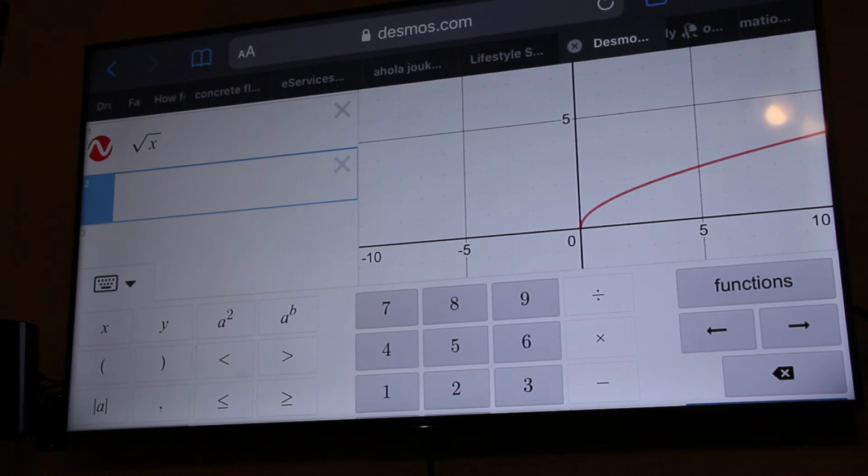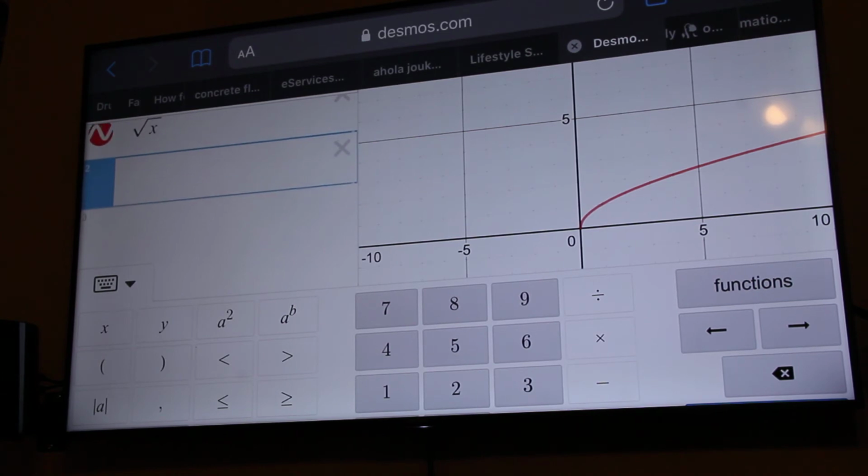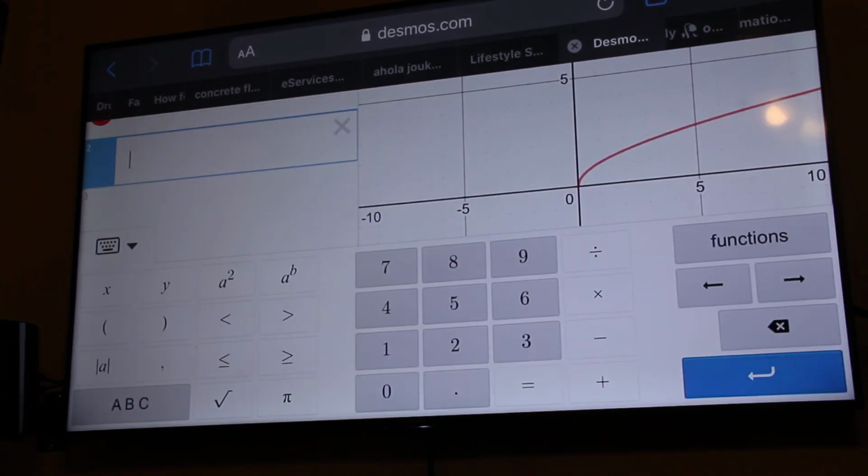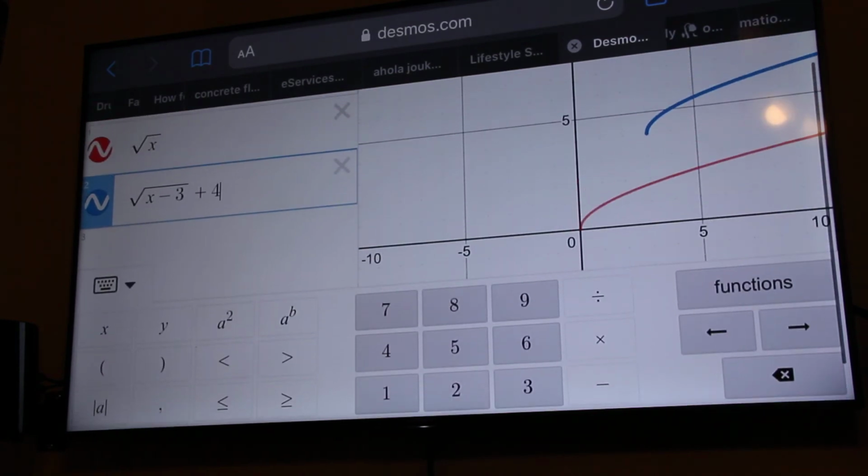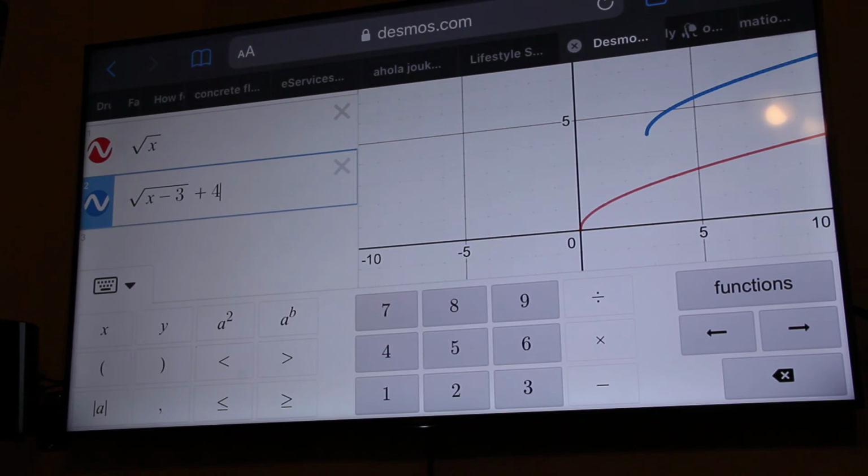Now in the next one, let's say I want to graph the square root of negative... I can't do that. Hold on. Sorry, let's go back to the other equation. If I wanted to graph the square root of x minus 3, and then on the outside plus 4, there's my graph now. See that? Notice what's in red, what's in blue, it helps you distinguish it. So use the Desmos calculator to help you out with that.